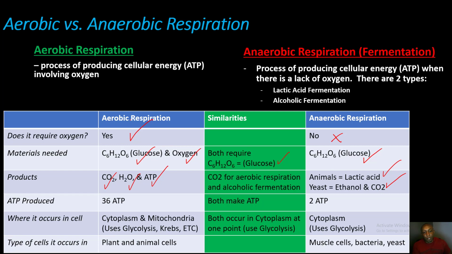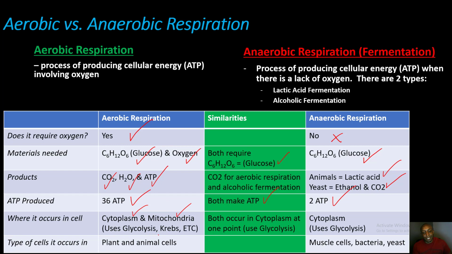And for the ATP produced, we have 36 ATP produced in aerobic respiration, while we only have 2 ATP produced in anaerobic respiration. But it is important to note that both make ATP. And both occur in the cytoplasm at one point, and they both use glycolysis. Aerobic respiration starts out in the cytoplasm, but then it moves into the mitochondria.